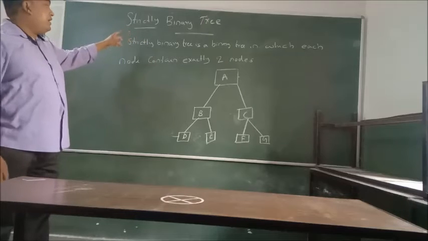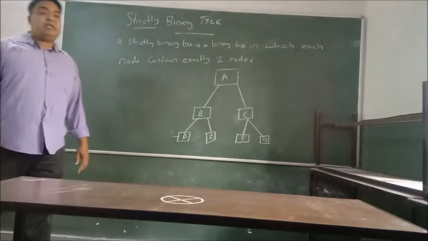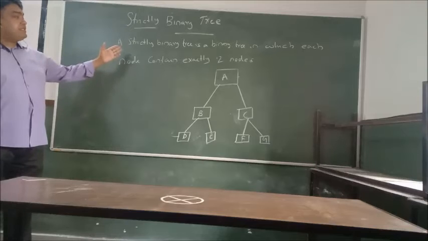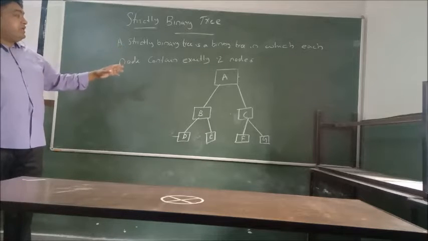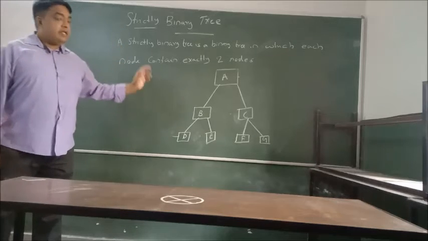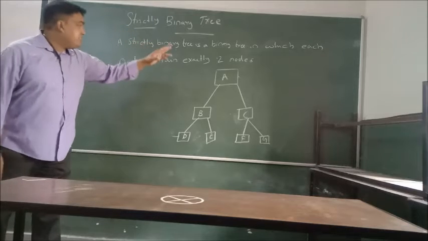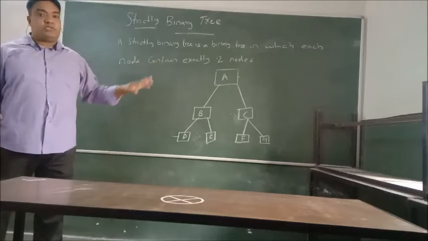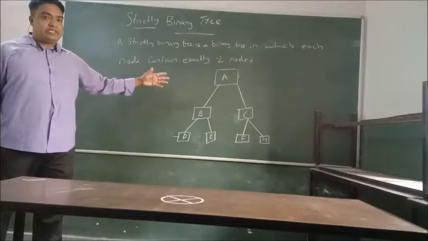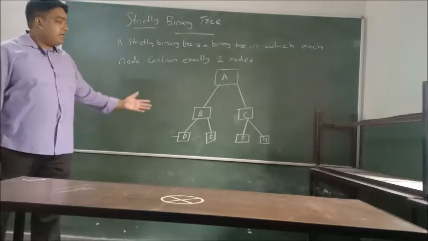Strictly binary tree. So what is a strictly binary tree? A binary tree is said to be a strictly binary tree if each node contains exactly two nodes except the leaves, or except the end nodes.